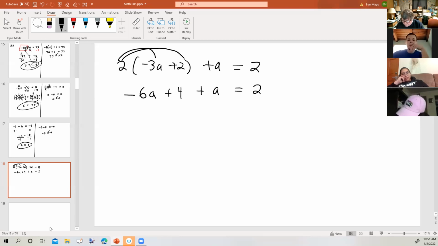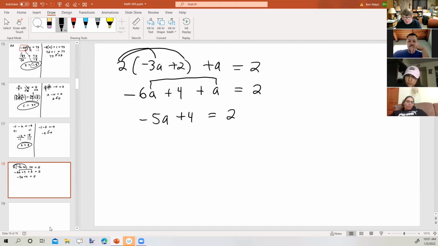Any questions there? All right, now I'm going to combine like terms. These two terms are alike. -6a plus 1a is -5a, and I still have plus 4 equals 2. So I've simplified the left side of the equation.